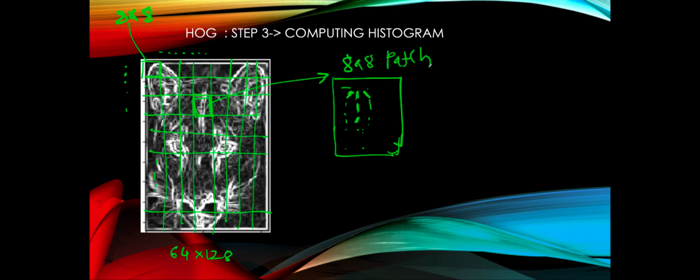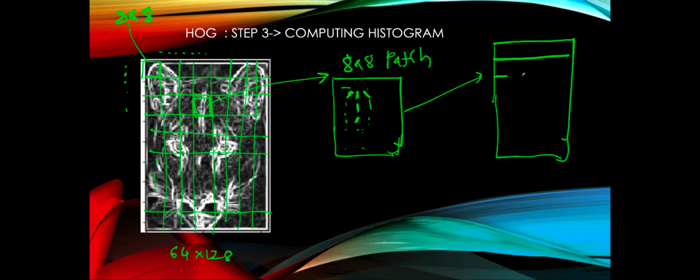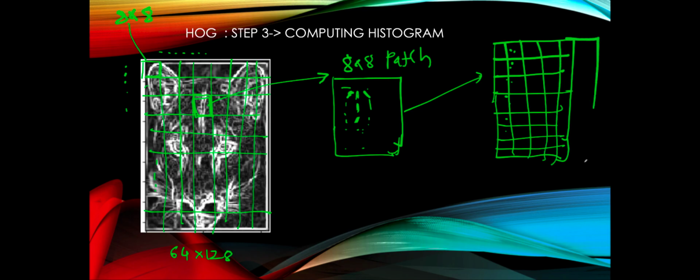Okay, so for this 8 by 8 patch, we compute the magnitude of gradient, which will be 8 columns and 8 rows.